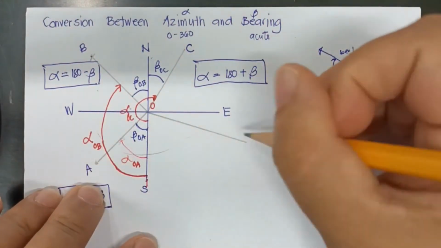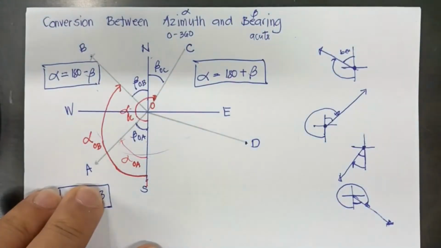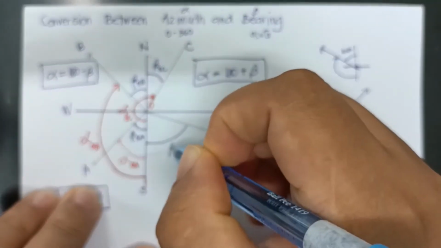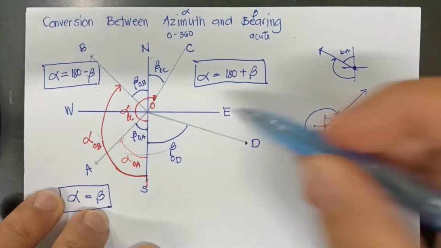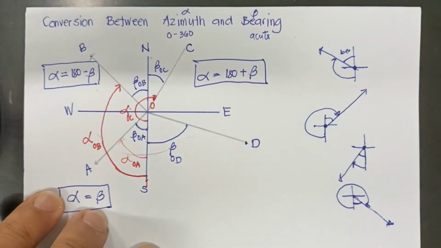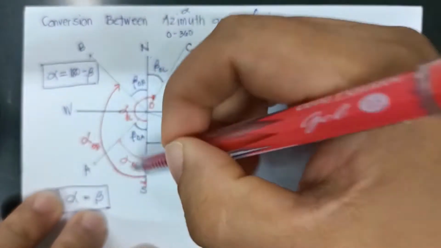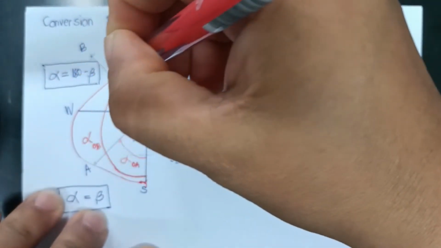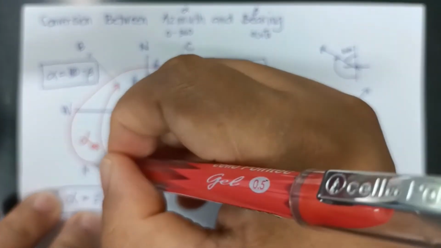The other situation is that you might have a line that falls in the southeast. Let me call this point D. Of course, the bearing will be this one, the bearing of OD. And the azimuth is from this line going down in that direction.